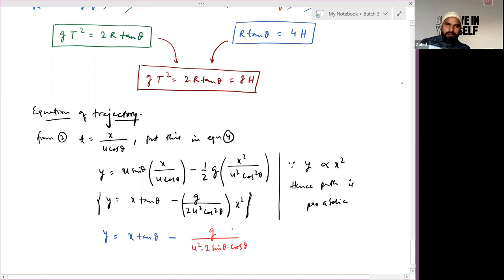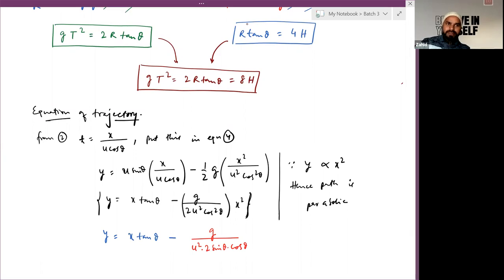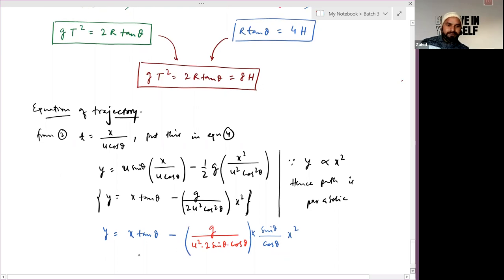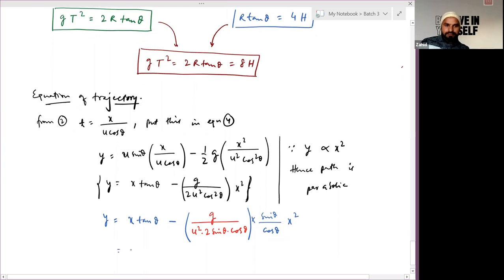I have just divided by sine theta. To compensate it, multiply it by sine theta and cos theta as it is times x squared. So this whole term is nothing but 1 over r. So you may write it as x times tan theta minus 1 over r times x square tan theta.